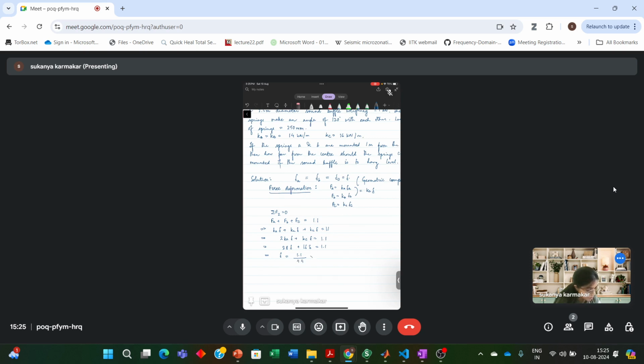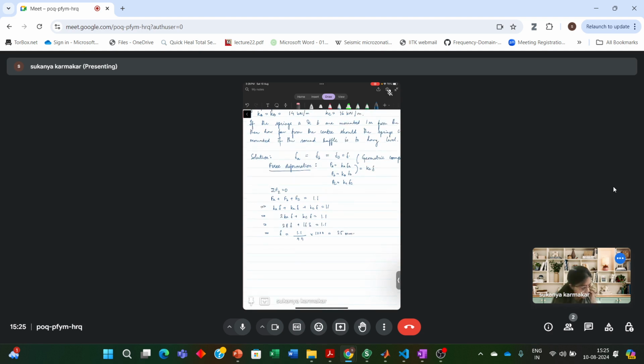This is Newton per m 2000. You will get the answer in nm, and this comes out to be, just pulling up the calculator, 1.1 divided by 44 into 1000. So this comes out to be 25 mm.